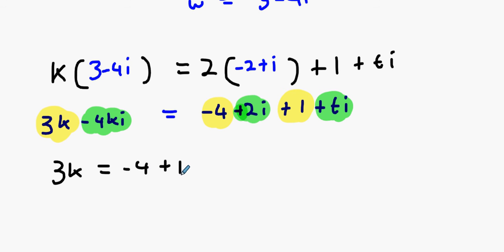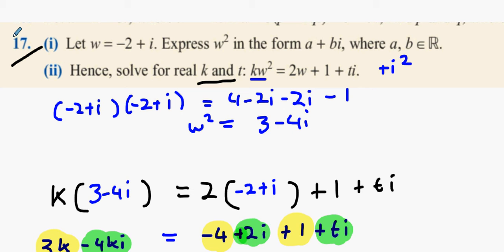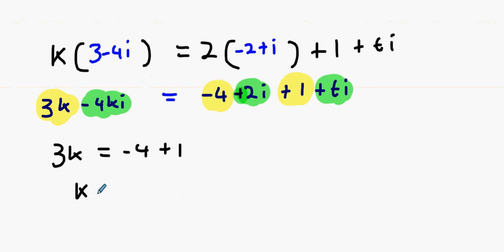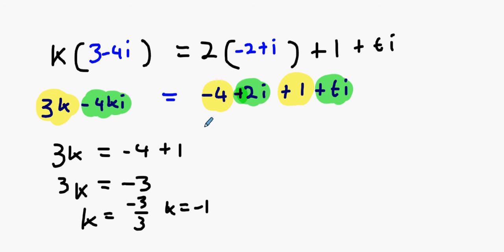Oddly enough, this is going to be a fraction answer. Actually no, sorry, it's not going to be a fraction answer, my fault. Minus 3. K equals minus 3 divided by 3. K equals minus 1. Now moving on to the green part, I get minus 4k equals 2 plus t.